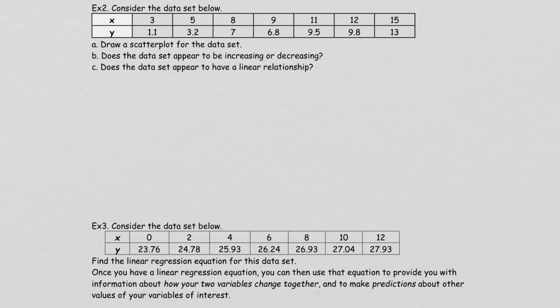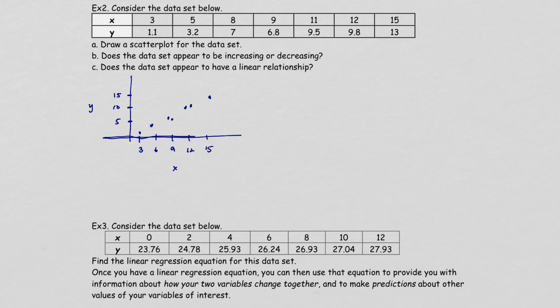Next example, they have data given again, right? Different data given again, and they want you to draw the scatter plot for the given data. And they wanted to know if it's increasing or decreasing, and they wanted to know if the data is going to be linear, right? So let's draw the scatter plot first.